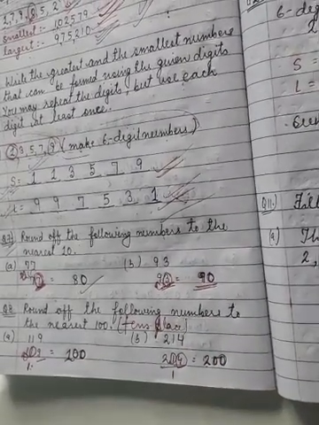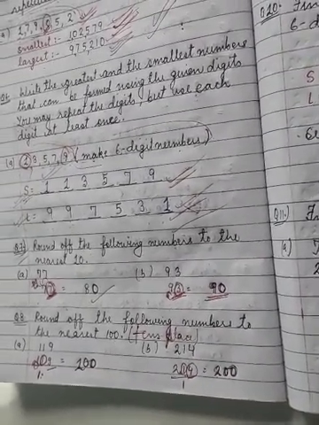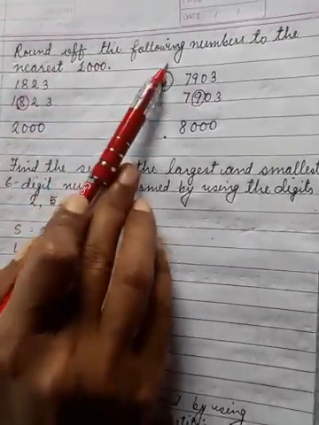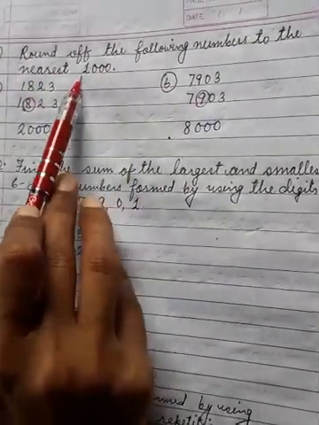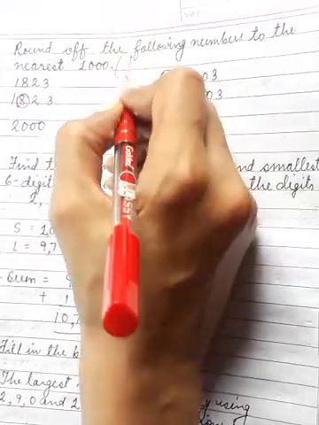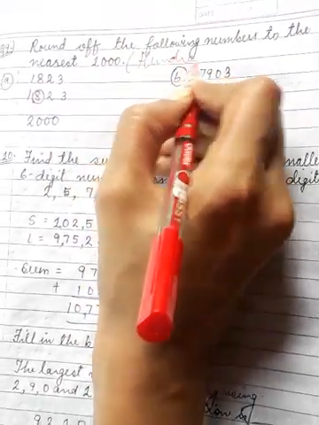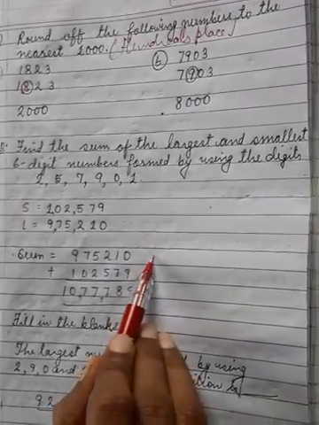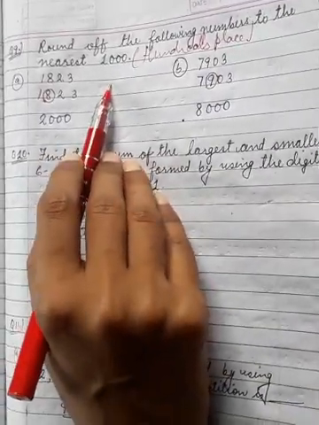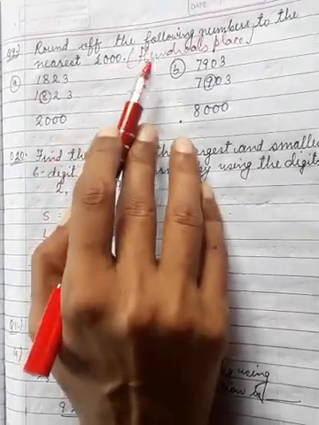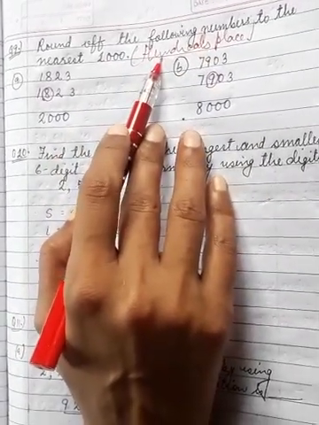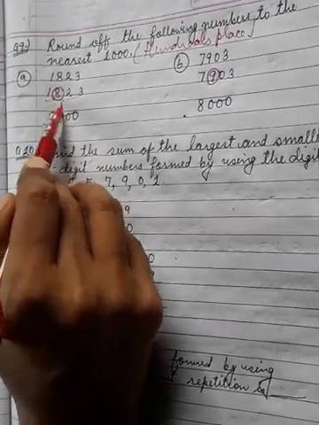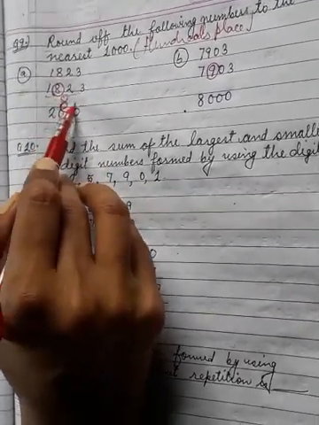So again we will move to the nearest 1000. Here is the rounding of the following numbers to the nearest 1000. For nearest 1000 we have to see the digit at the hundreds place. So ones, tens, hundreds. What is the digit at the hundreds place? That is 8. So it follows rule number 2.